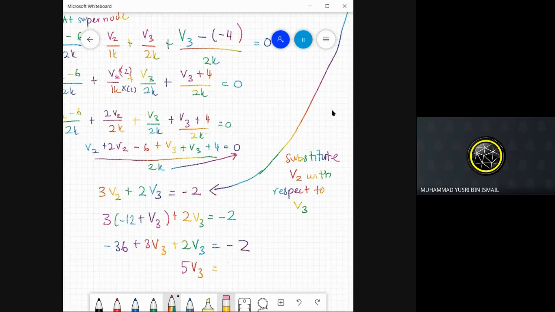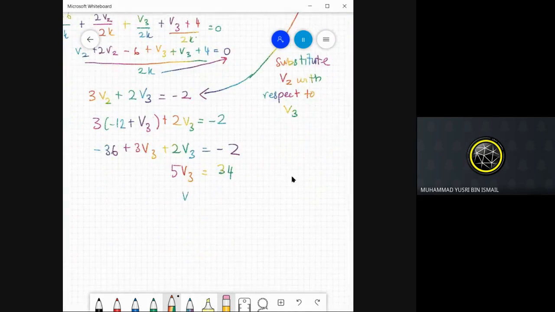So this will be 34. Okay. So V3, 34 divided by 5. So you will have 6.8 volt.